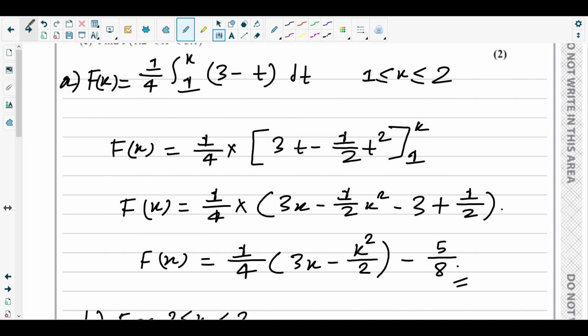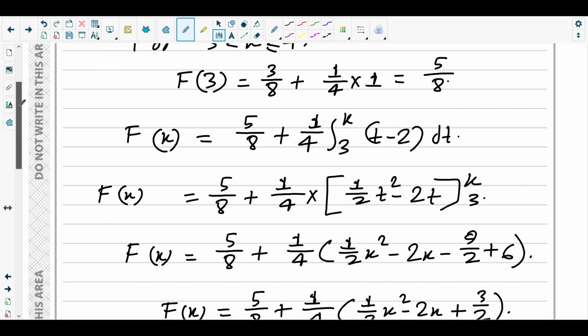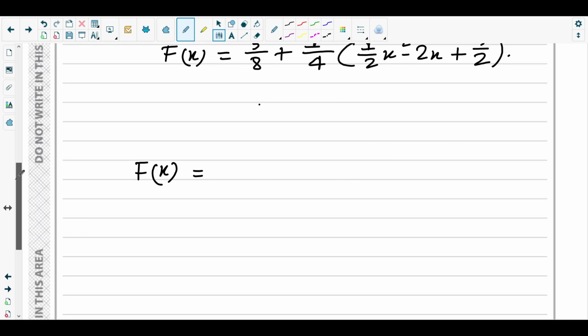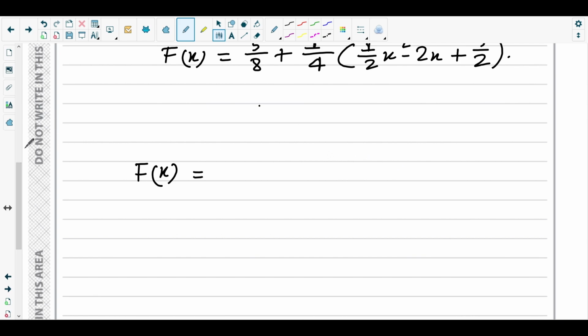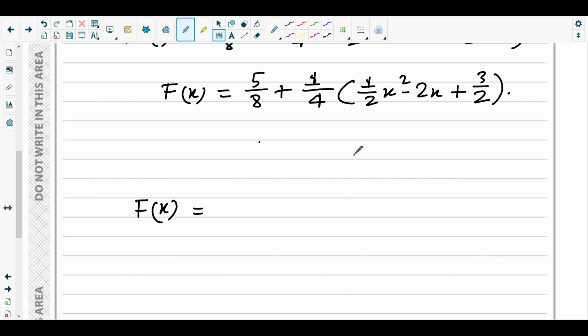For x greater than or equal to 1, less than or equal to 2, right? At first it starts with 0. So for x less than 1, the cumulative is 0.